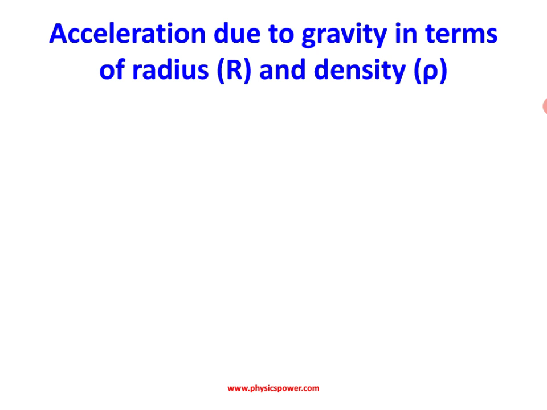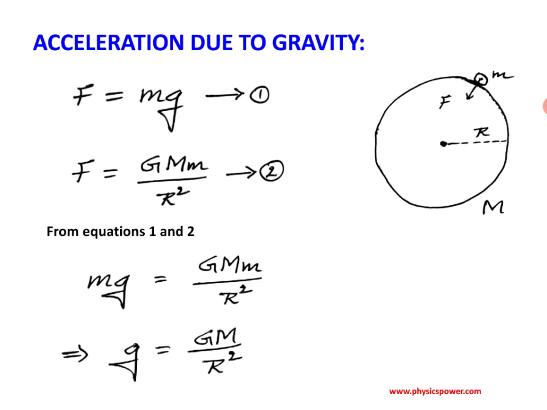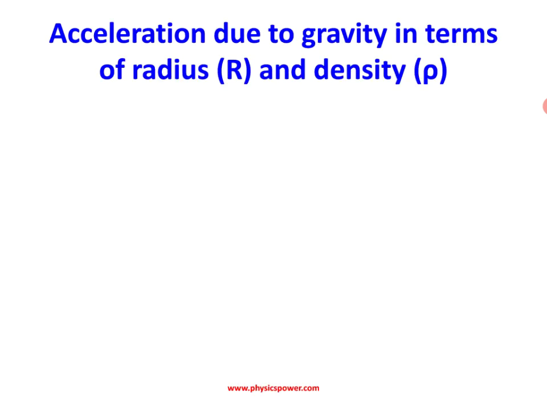The previous one we derived is in terms of mass and radius. So try to remember this formula. By using this we can get the relation between acceleration due to gravity, radius and density. Density means mass by volume. So here we want the relation between g, the acceleration due to gravity, and r and rho.